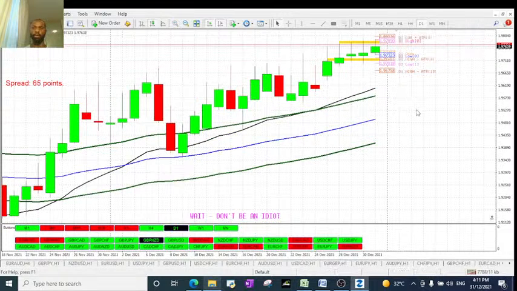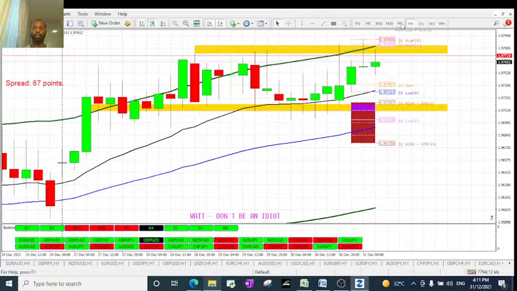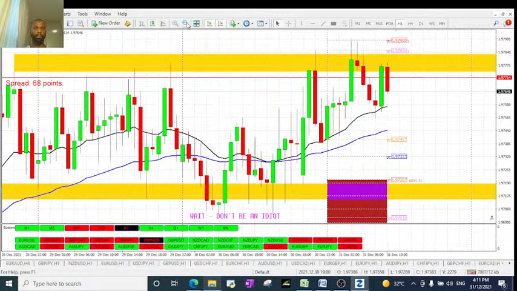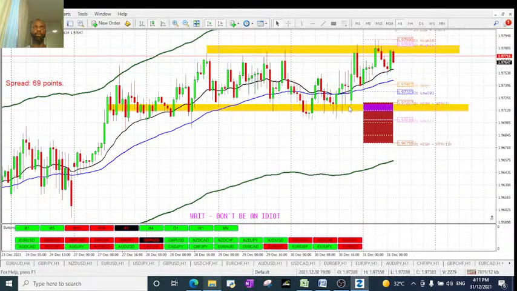Definitely at the top of the range. So we don't want to be taking buys there. If you want to be taking buys, it has to be at the bottom of the range.